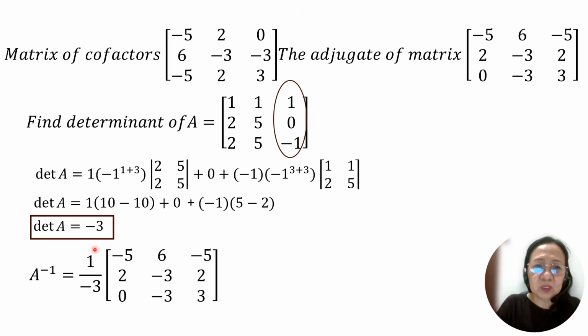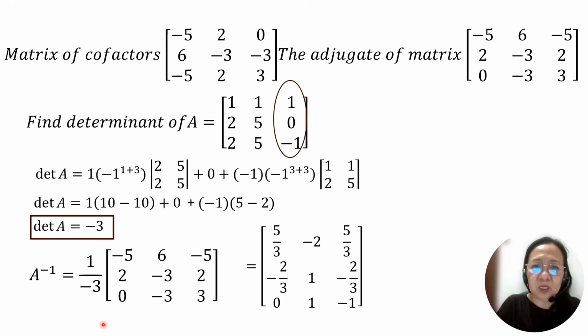Let us distribute our negative 1/3. Negative 1/3 times negative 5 is positive 5/3, because negative times negative becomes positive. 6 times negative 1/3 is the same as 6 divided by negative 3, so we have negative 2.